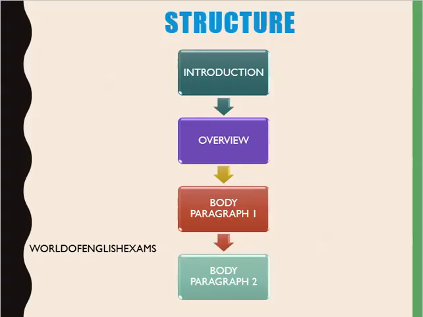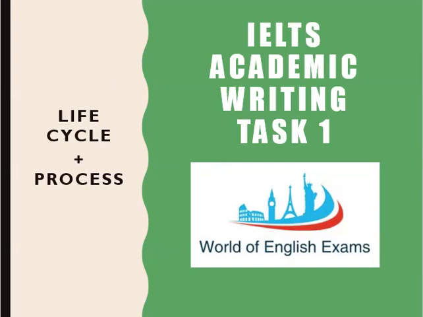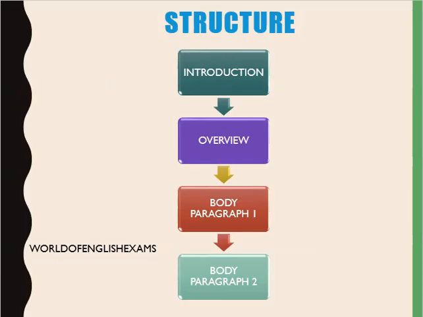So I have clearly mentioned that it is life cycle plus process. So here you don't need to worry about how to write the body paragraphs. You can directly describe the life cycle in one body paragraph, and you can write about the flow chart in the other. So life cycle in the first body paragraph, flow chart in the second. It is as simple as that.